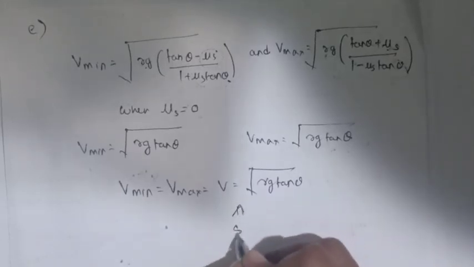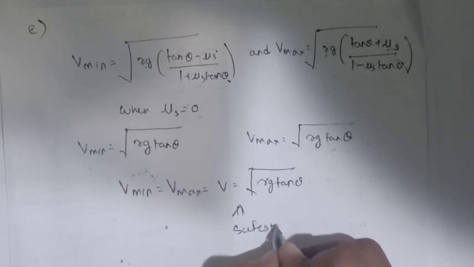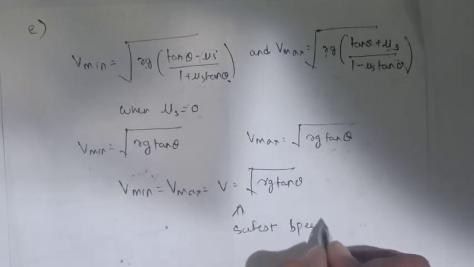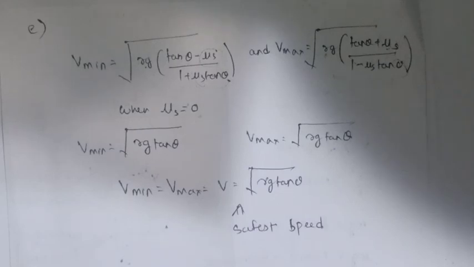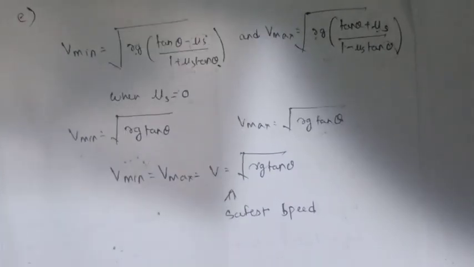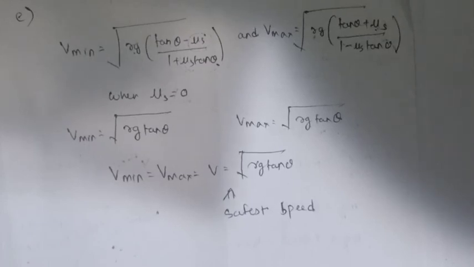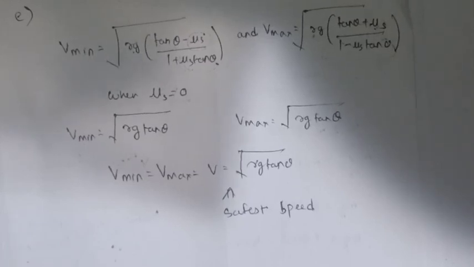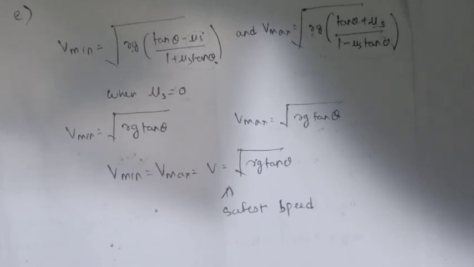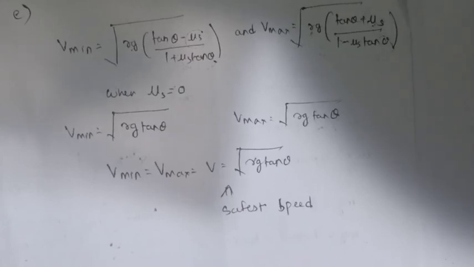So this is the safest speed on a banked curved road. Here we don't take help of friction. At this speed, frictional force is not needed to provide the necessary centripetal force. There will be little wear and tear of the tire if the vehicle is driven at this speed on the banked road.